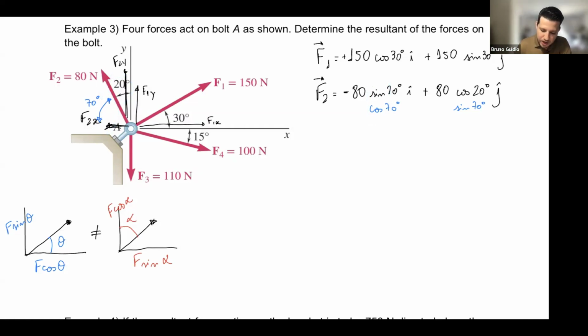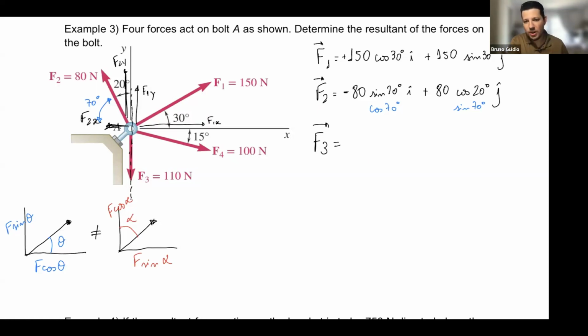Now, let's jump to F3. Guys, take a look. Where is F3? F3 is on top of the y-axis, of course going to the negative direction, but it's on top of the y-axis. Meaning, what is the x component?